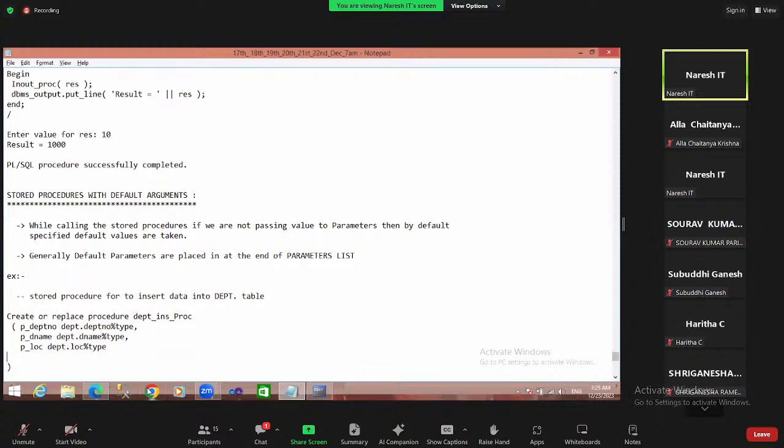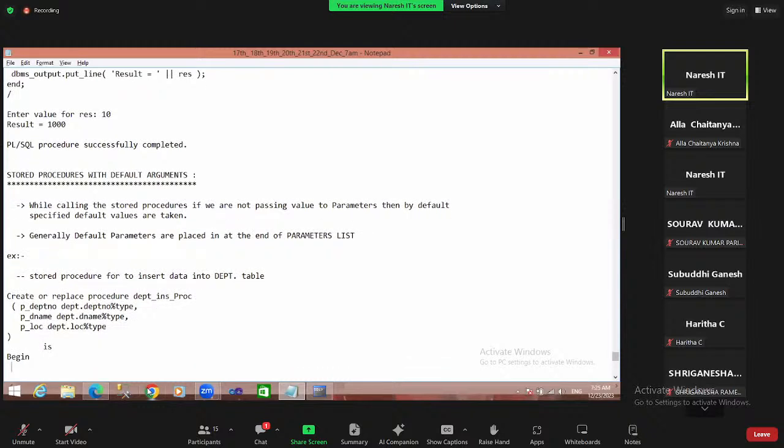This is a normal procedure declaration. IS BEGIN, insert into DEPT values P_DEPTNO, P_DNAME, P_LOCATION.